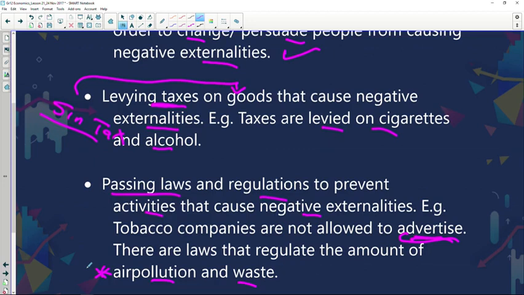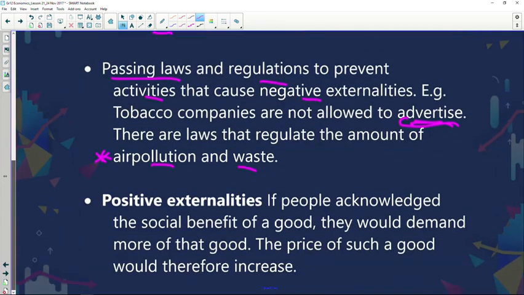Because if this is not regulated, then the manufacturers or the factories tend to exploit the environment, and then we end up in a situation where we get exposed to a lot of germs and viruses because of all the wastage and the dumping that gets done in our environment.